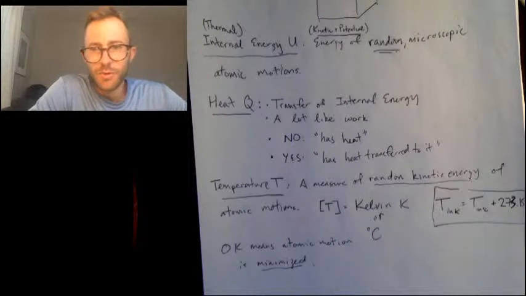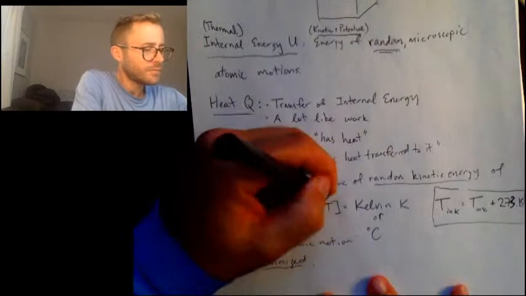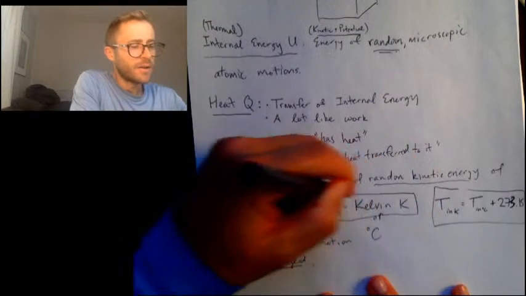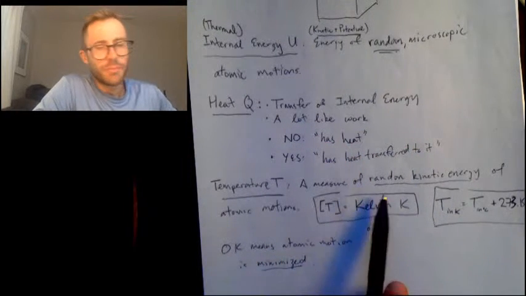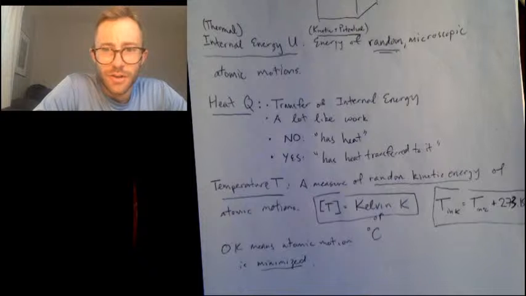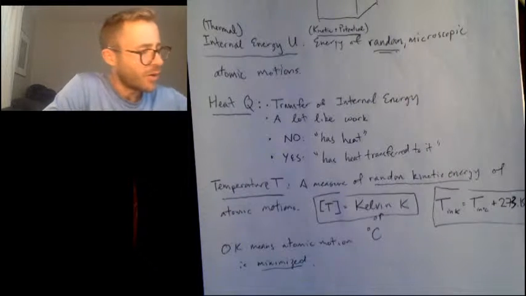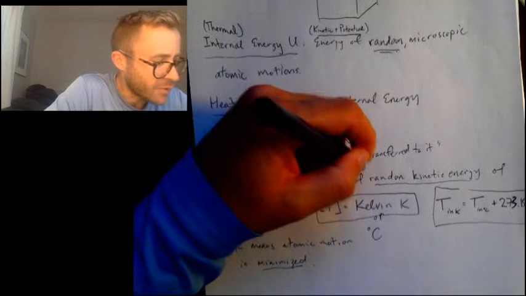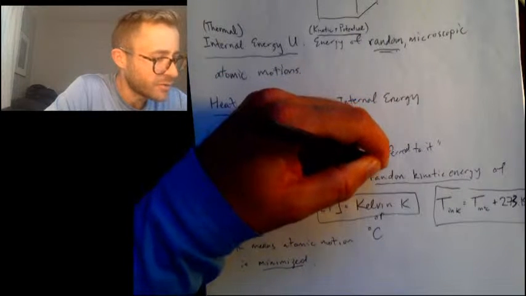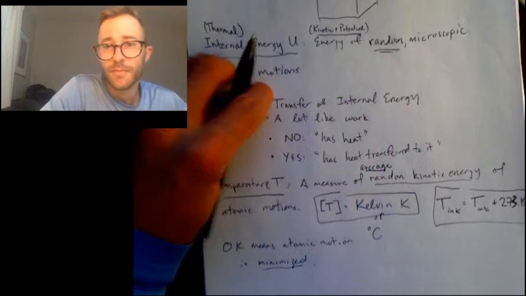Now you might ask, well, temperature is measuring random kinetic energy. Why don't we just measure temperature? Oh, another thing I meant to say is average. It's the average random kinetic energy.